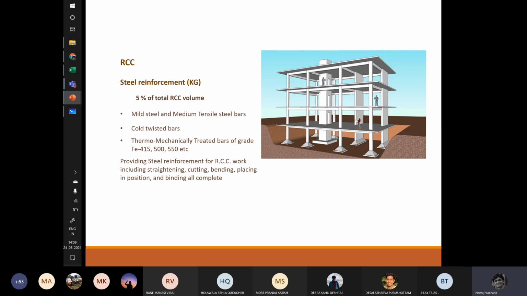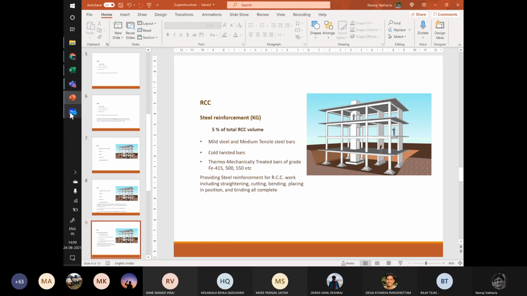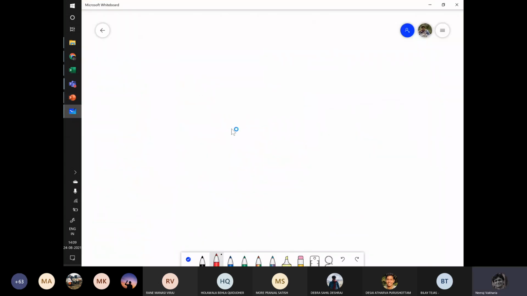You can tell me, okay, let's consider a waffle slab. Okay. Let's say this is your waffle slab. If I consider a section, let's consider a section.